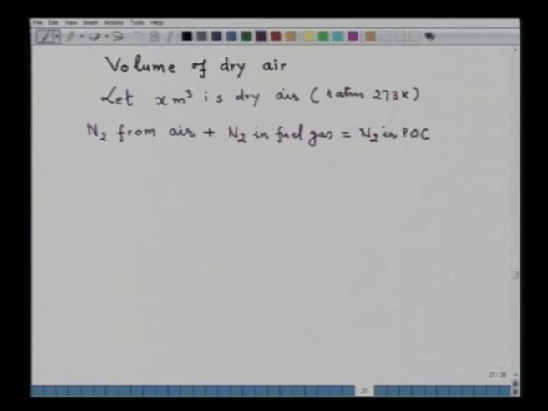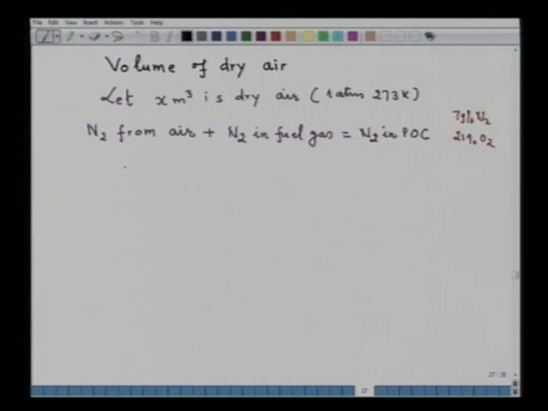So, if we make this particular balance now, nitrogen from air, the composition of air, 79% nitrogen and 21% oxygen.